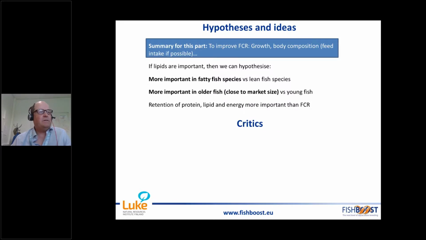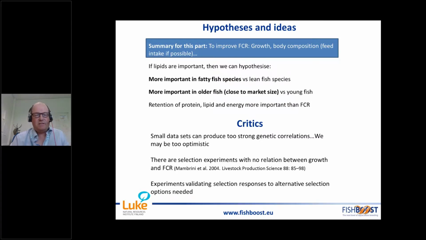Then some criticisms. Some of the data sets are small. They may produce too strong genetic correlations. We may be too optimistic. This is always the case when making experiments. There are some selection experiments which show no relation between growth and FCR.